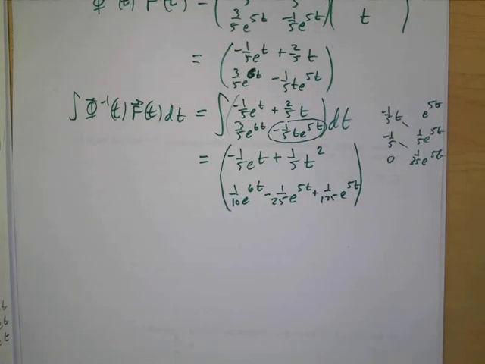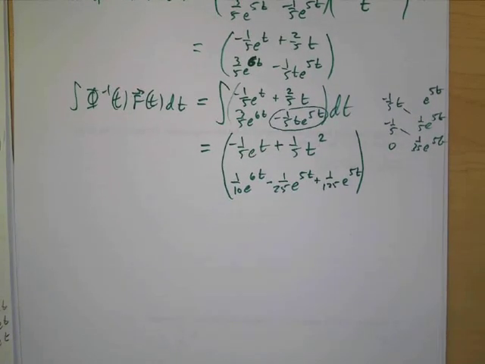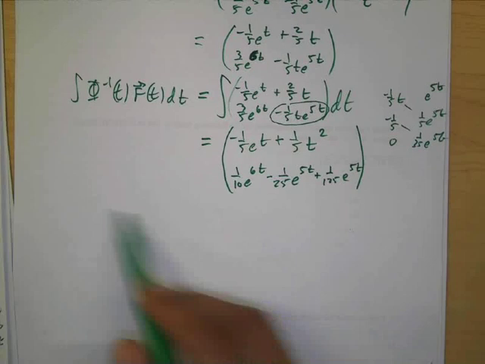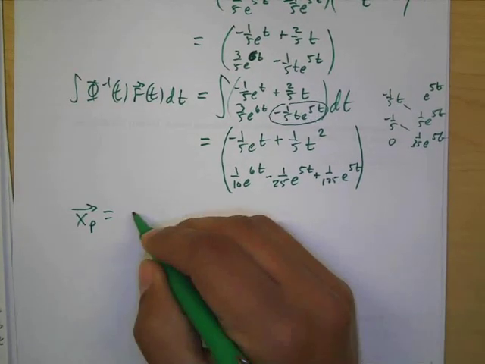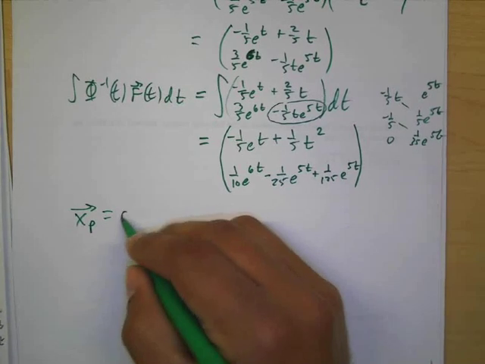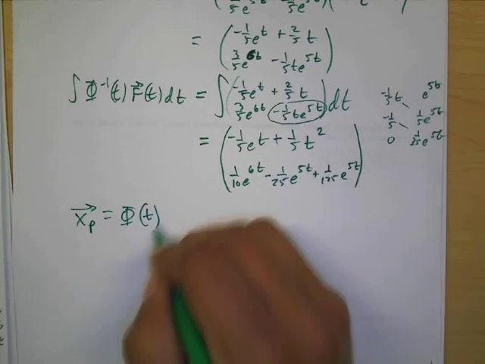Okay? Almost done. The constants will take care of themselves because we have the parameters already plugged into the solution. So all we care about is just this integral part. Our final step to find the particular solution is to take this result and multiply it with the fundamental matrix.